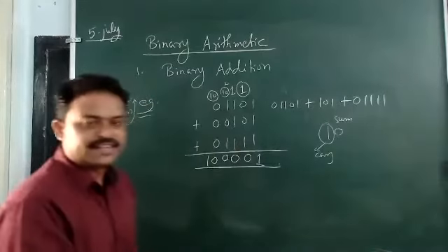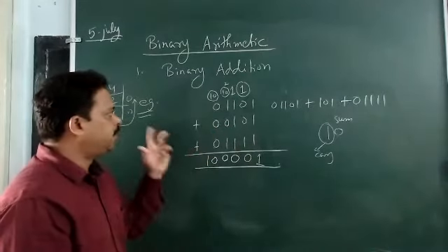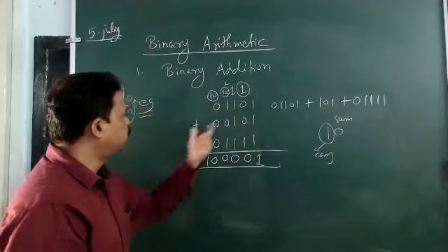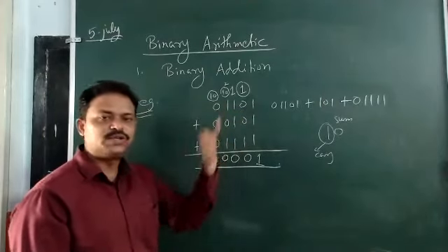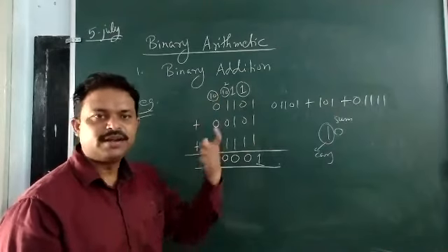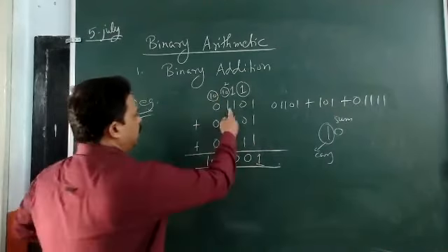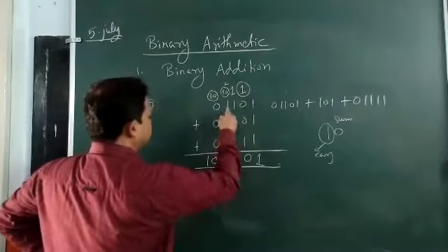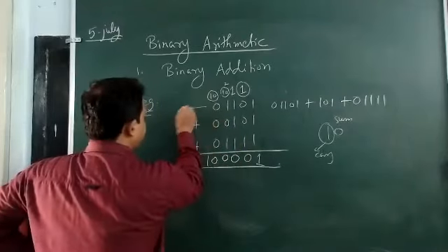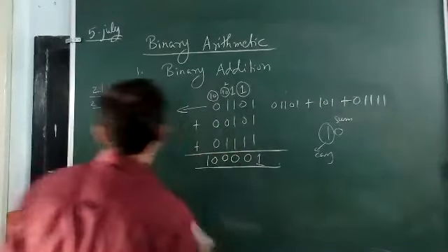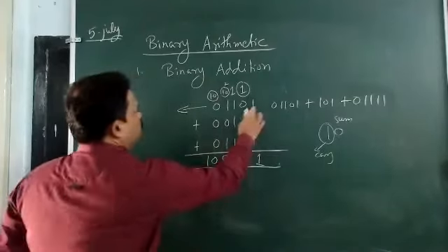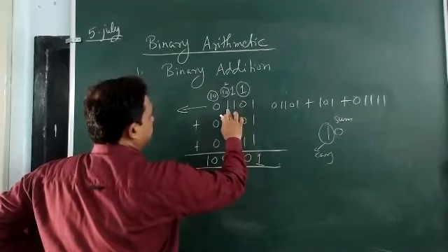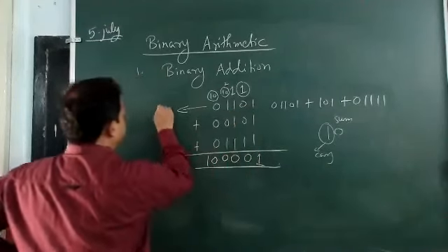If you want to check whether I have got the correct answer or not, do one thing. First of all, find out the value of each bit. Let us do the decimal addition. 1 2 4 8. 8 plus 4 is 12, plus 1 is 13.